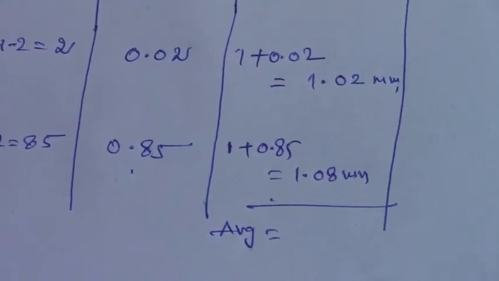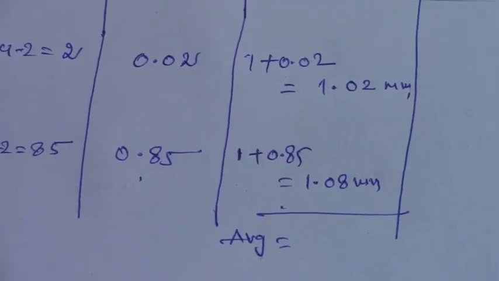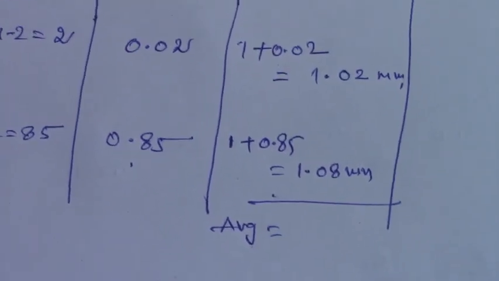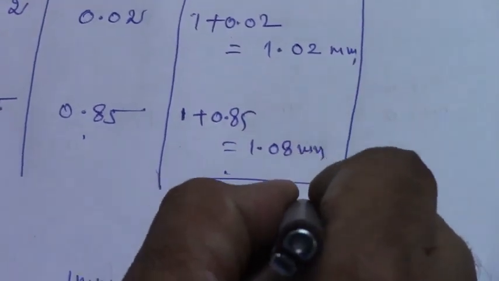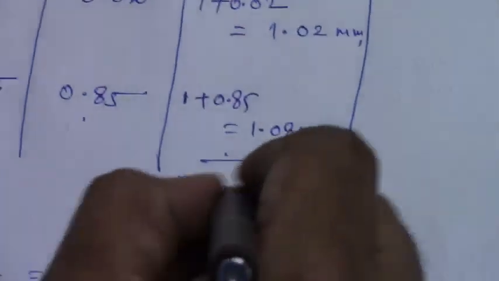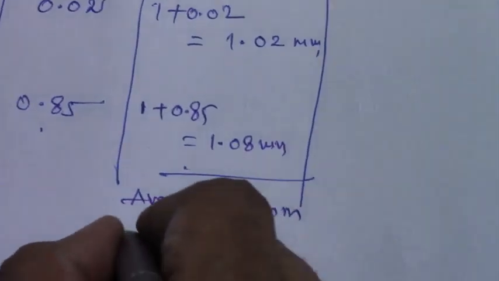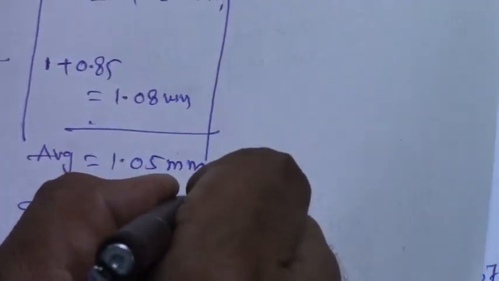That is 1.05 mm. Convert this into centimeters, students. Actually this average value is the diameter of the wire. This is the diameter of the wire.